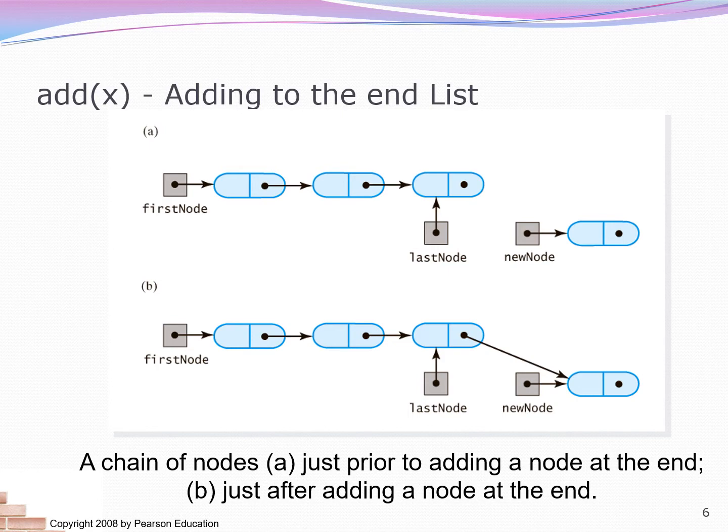Because it's the last node, its next will point to null. But if you want to add something at the end, the next for the last node will point to the new node. Later on, this last node will be assigned to here.